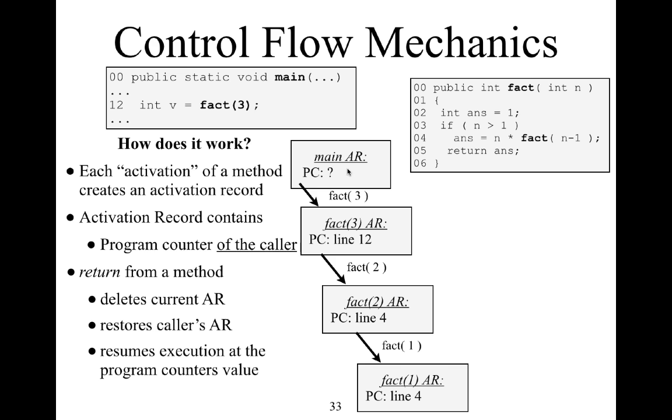But once the main calls fact, the program counter for the main keeps track of where to start up again when we return. In the recursion, the program counter for the recursion is line 4. That is restored. That is contained in each of the recursive calls. And then they all return as specified by the program counter of the caller.